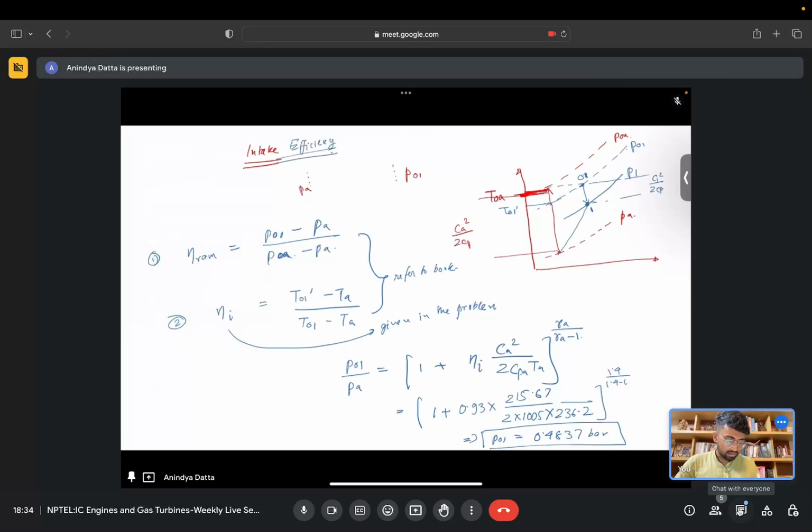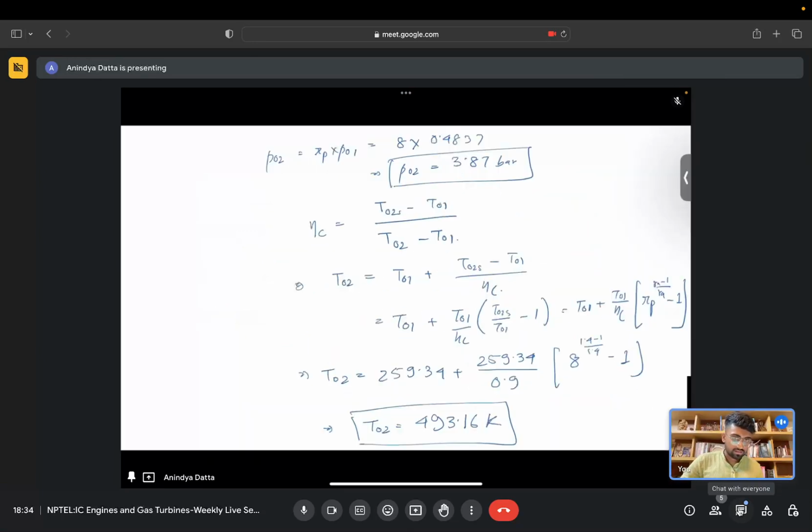The rest, what we did in the next slide, you should be familiar with, because we have done problems of this kind before. We know the pressure ratio, and the inlet temperature and inlet pressure at the compressor. We have to find out the exit pressure given an isentropic efficiency. Okay, any doubts, questions?